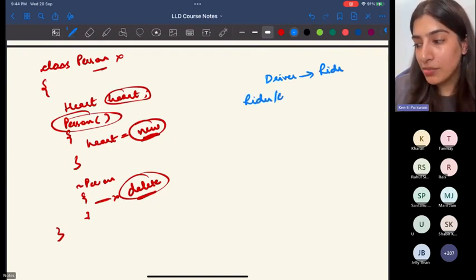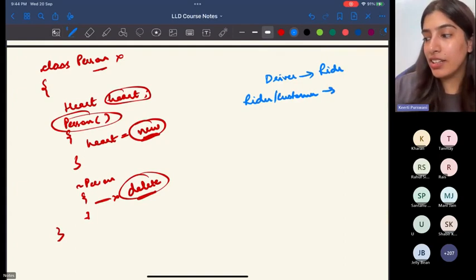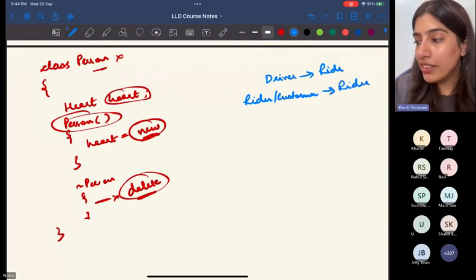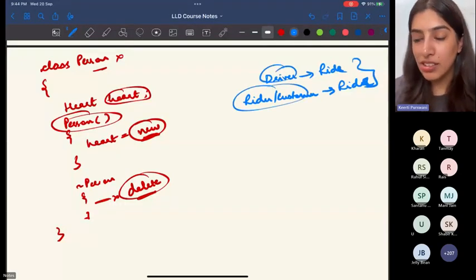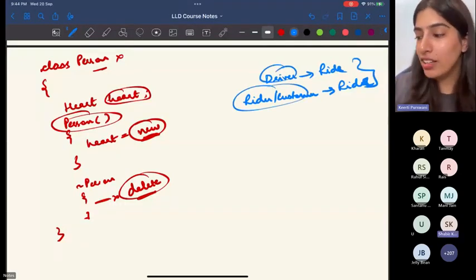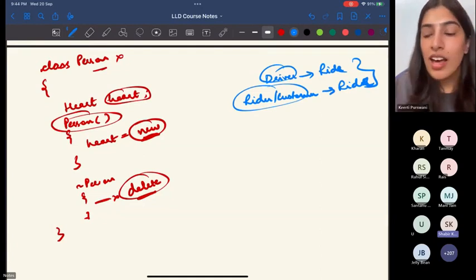Similarly, the rider or customer also has a ride, correct? So now this one ride belongs to two classes. The driver has the ride and the rider also has the ride.